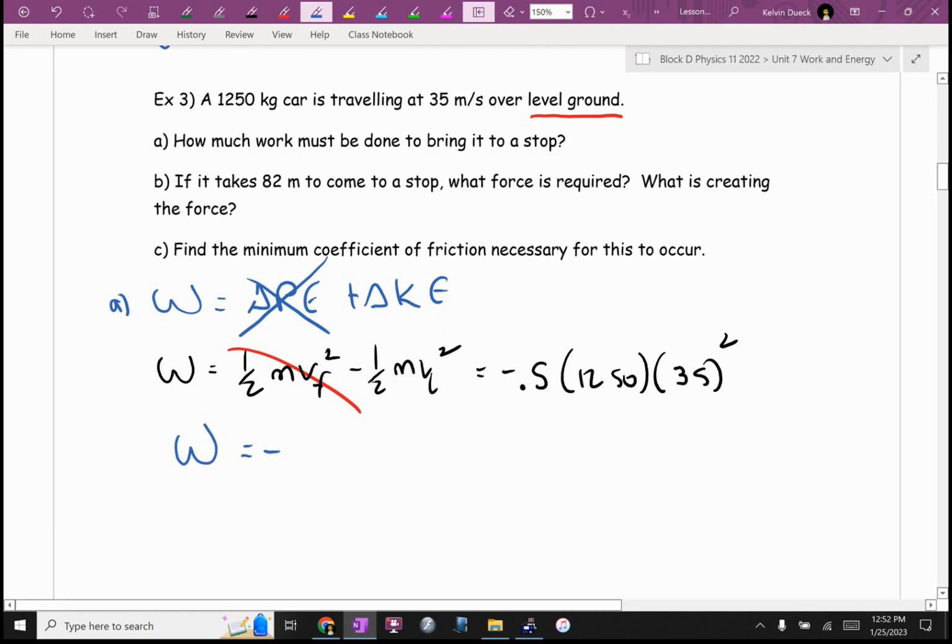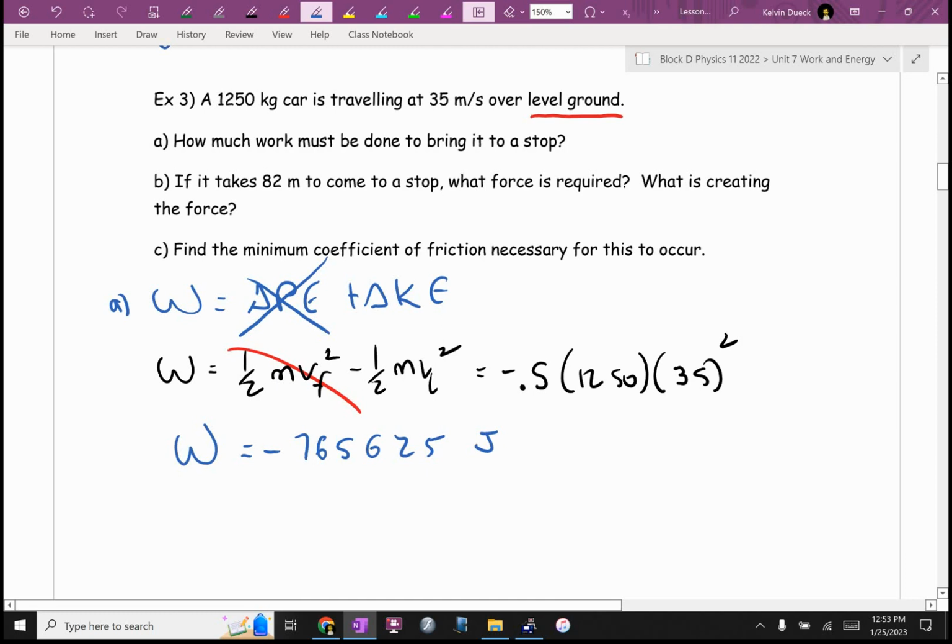You're probably going to get a fairly big answer. I'm thinking in the hundreds of thousands, perhaps in the millions. It's going to be big. Read me the digits. All of them, please. 7, 6, 5, 6. Units, it's work. Good. What's the negative telling me?